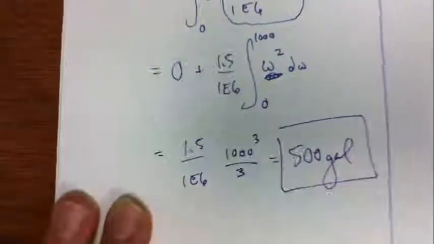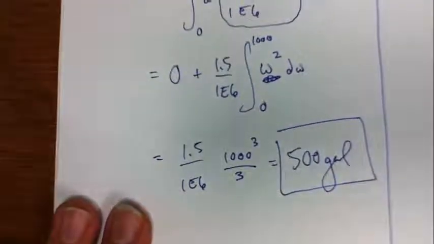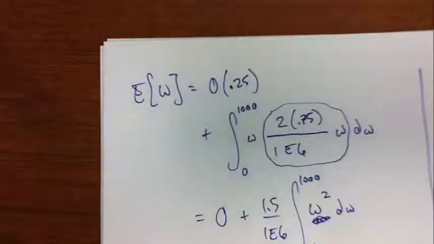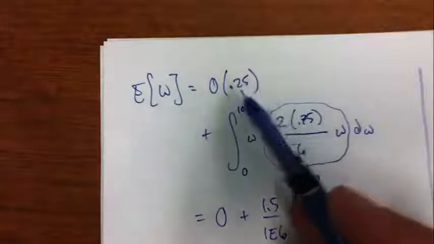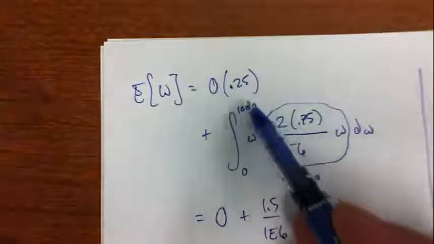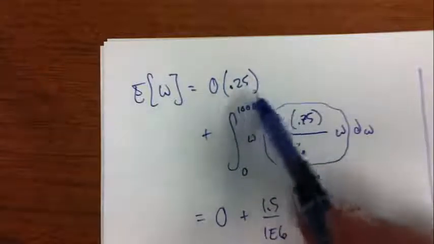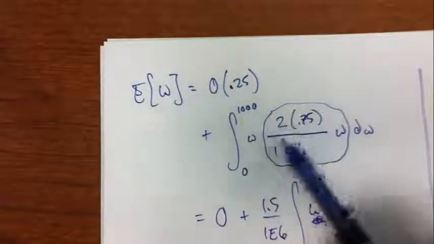Okay, great. So you can see what we've done here. We've got a continuous part and a discrete part. 25% of it's discrete and then 75% of it's continuous.